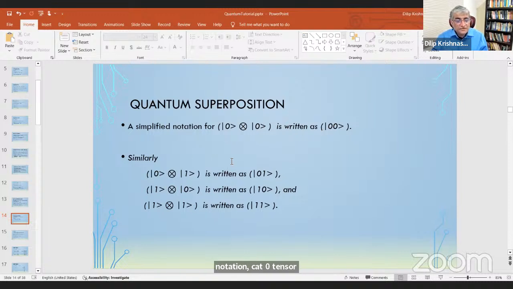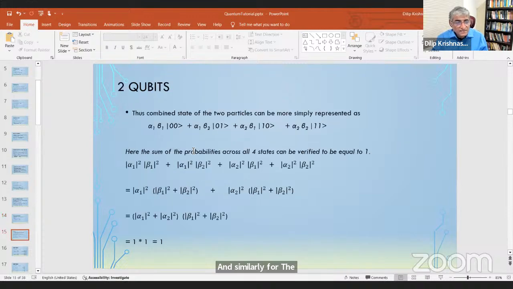And similarly for the others. And how do you actually evaluate the tensor products? We'll come to it in a bit. So in general, if you have 2 qubits, you would have this state representation as a combined state representation of the 2 qubits. And if you do the calculation for this and sum all the probabilities by squaring these amplitudes, you'll find that they all add up to 1.